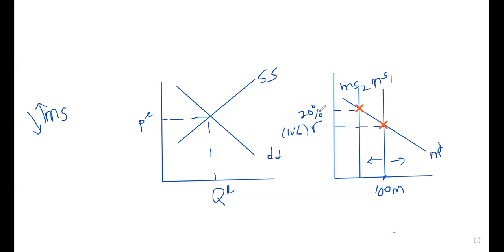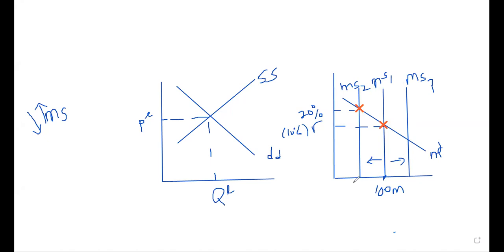If the central bank does the opposite policy by expanding money supply, we will say the expansionary monetary policy, then you increase the money supply. It's a policy variable, determined by the central bank through the conduct of monetary policy. So MS3 here is an increase in the money supply.